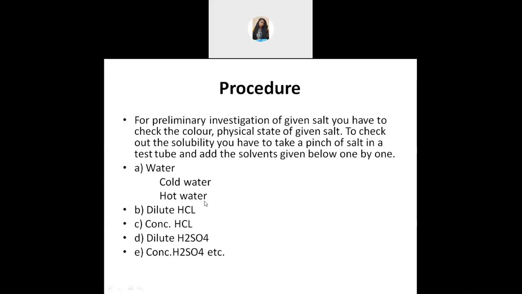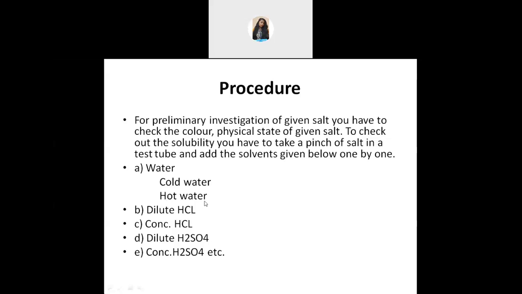Okay. And one thing, if you are going to add some concentrated acid, don't forget to hold the test tube by the test tube holder. Okay, so if the salt is dissolving in concentrated HCl, then you can write down that the solubility for that salt is in concentrated HCl.